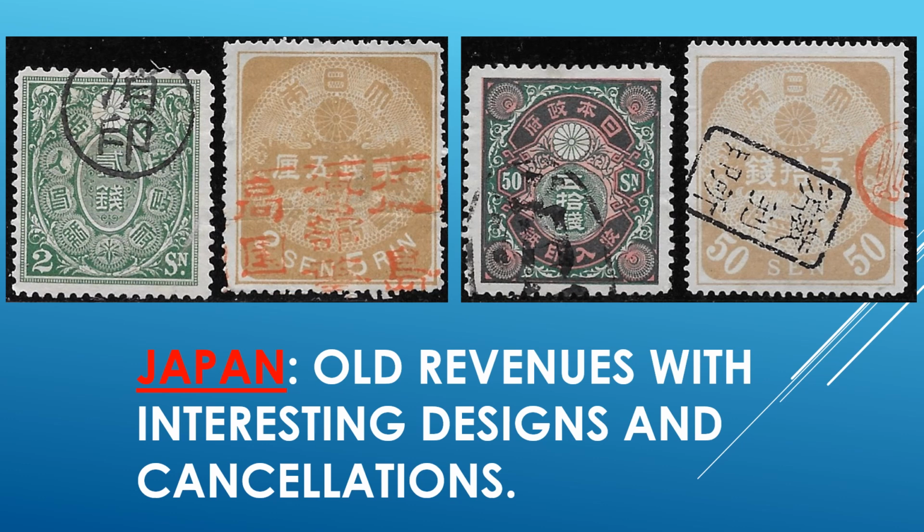And I believe most of you, probably flipping through albums and stuff like that, probably run across these or similar looking Japanese revenue stamps occasionally. I don't think they're very rare. But again, I'm not a revenue expert at all.